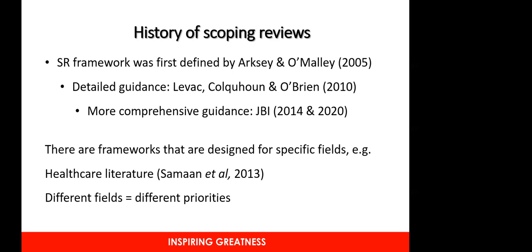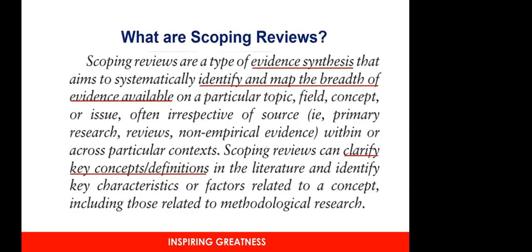Like laboratory studies will probably put more emphasis on laboratory techniques, whereas other reviews will have different priorities when it comes to what we should be looking at when we conduct a scoping review. And so before we conduct a scoping review, or before we even think about it, I believe one should read up a little bit on the frameworks that are relevant within their field or to whatever they're trying to achieve with their scoping review.